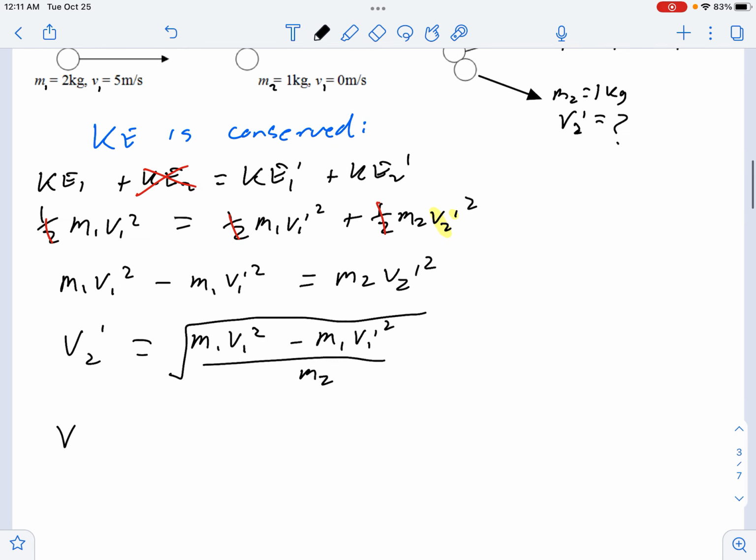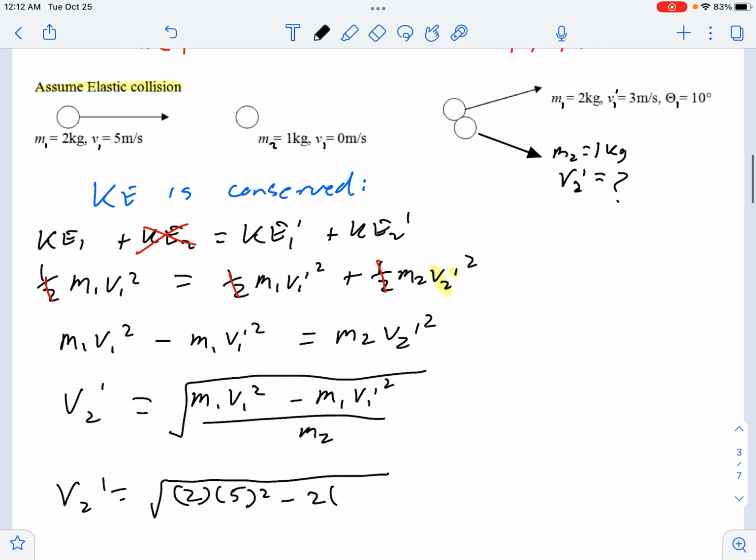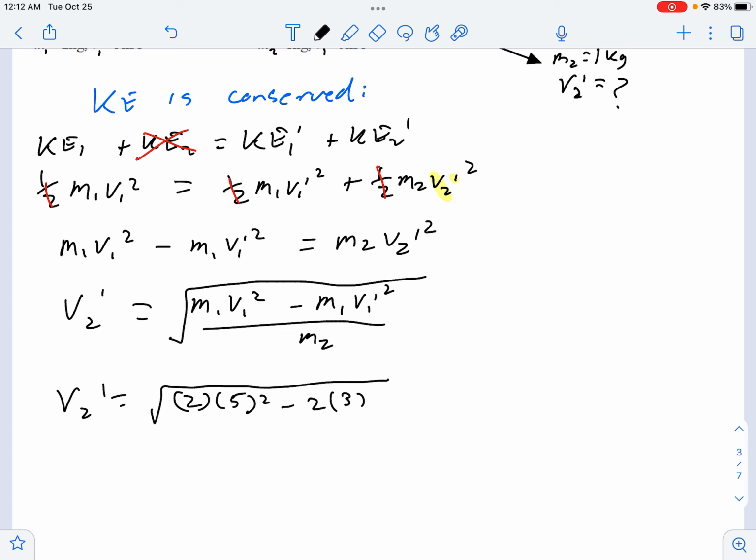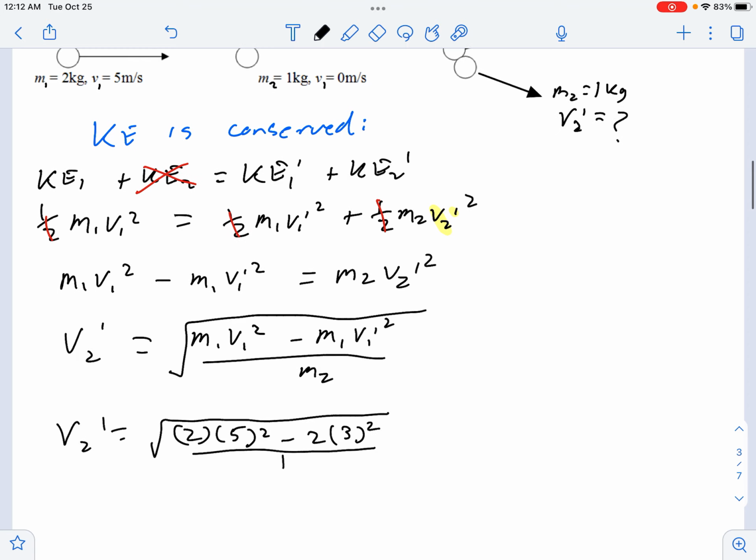Let's go ahead and solve this. v2 prime is equal to the square root of m1, which is 2 kilograms, times its initial velocity squared, so 5 meters per second squared, minus 2 times, afterwards, ball 1 is going along at 3 meters per second squared, all divided by ball 2's mass of 1 kilogram.